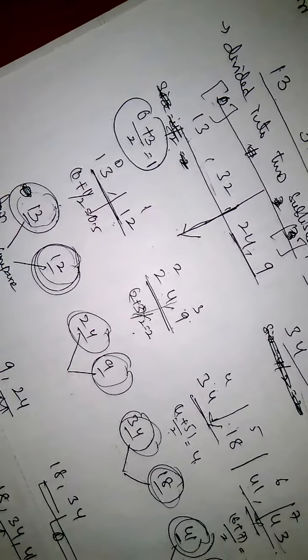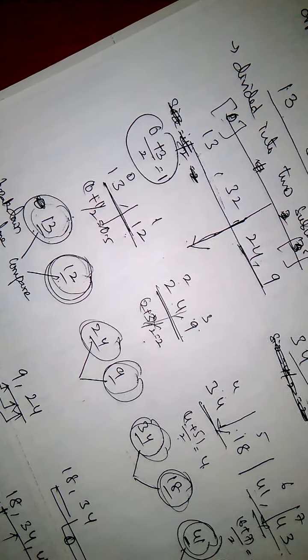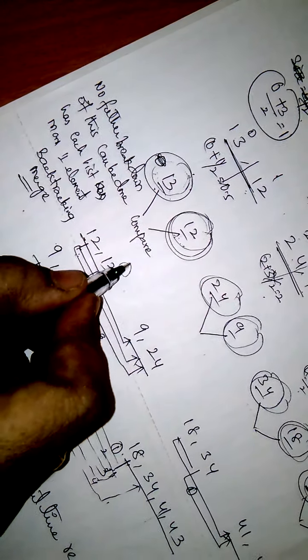So first, the adjacent element of 13 is 12. We'll compare these two and make a subarray or sublist like this. I'll compare 13 and 12. 12 is smaller, so put 12 in the new sublist. Next 13. This is a sublist now.